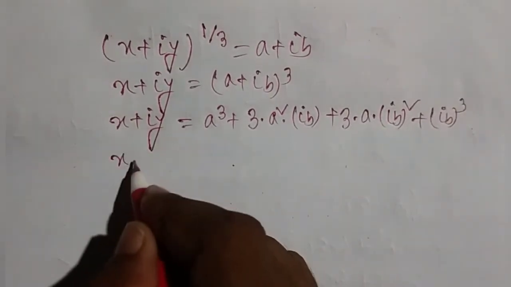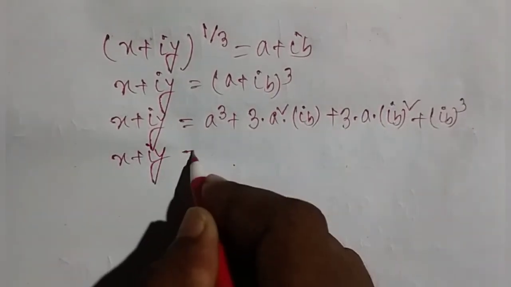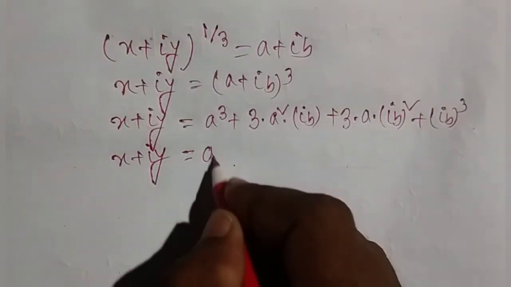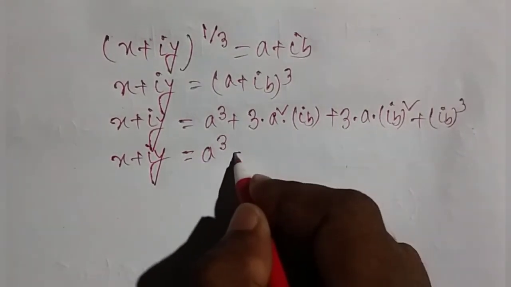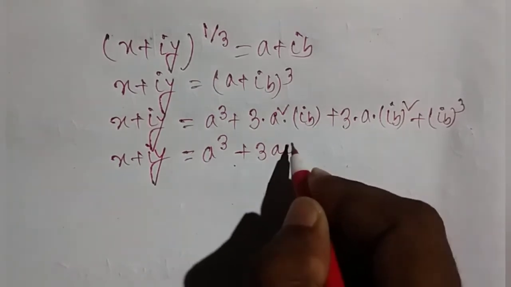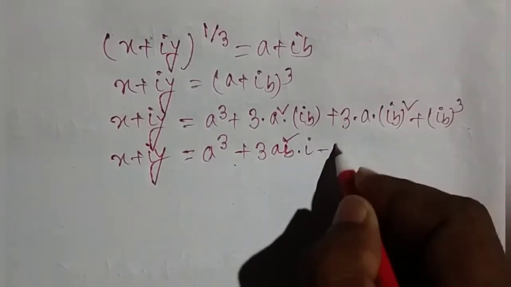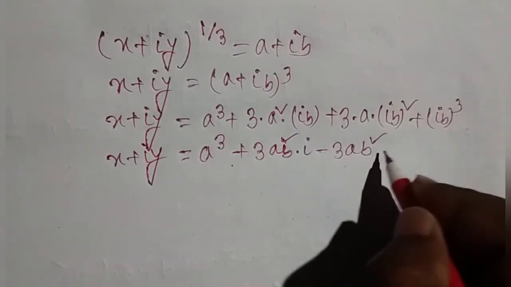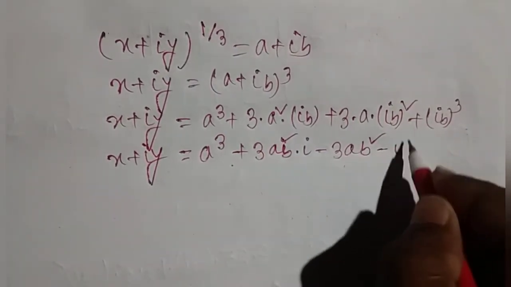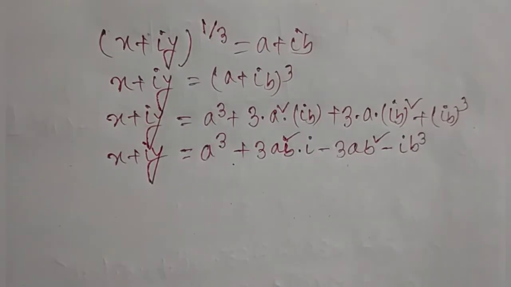Now x plus iy equal to a cube plus 3a square b into i minus 3ab square, and here minus i into b cube.